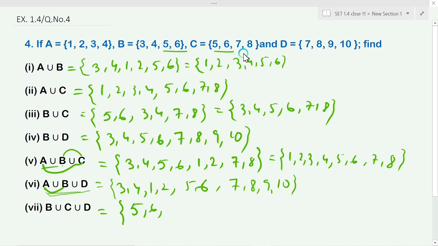Between C and D, 7 and 8. And between B and D there is no common element. So just write the other elements, that is 3 4 for B, there is no other element remaining in C, and 9 and 10 for D. So this is the answer. Okay.